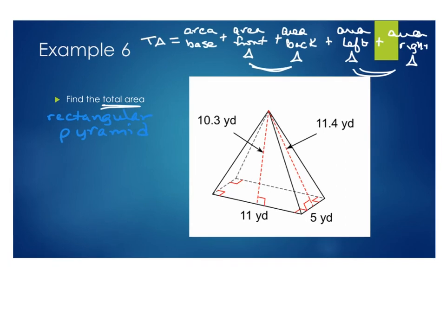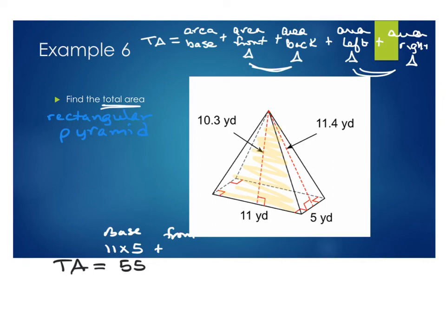So again, to find total area, I'm going to find the area of the base. So my base is a rectangle, so 11 times 5, and that's 55. Then I'm going to find the area of the front. So I could say I have this triangle here. And its base is 11, and its height is 10.3.